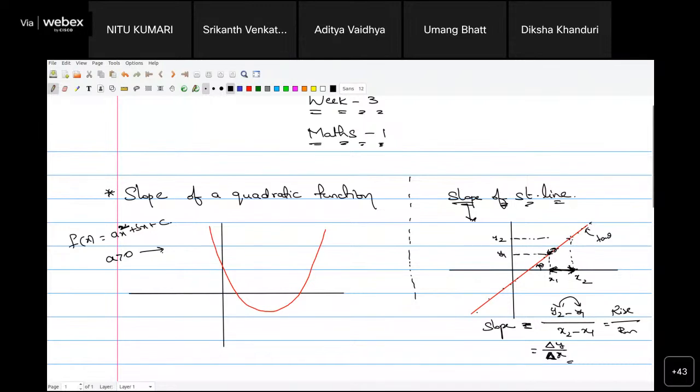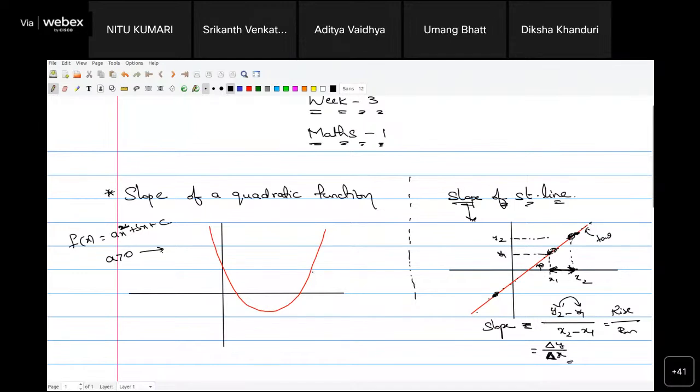You start from this point and move delta x and see the change in delta y; it will be constant. Even at this point, you move delta x and see the delta y change, and delta y by delta x will give you a constant. So y2 minus y1 by x2 minus x1 is constant in a straight line.